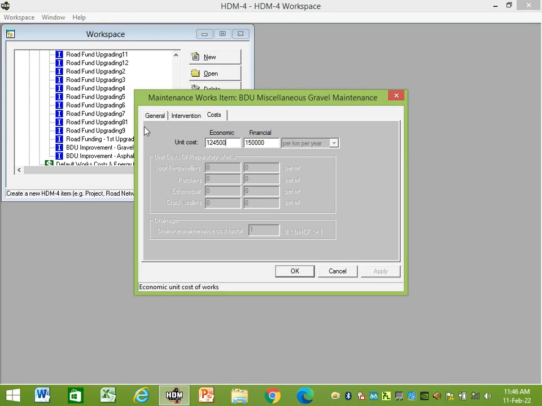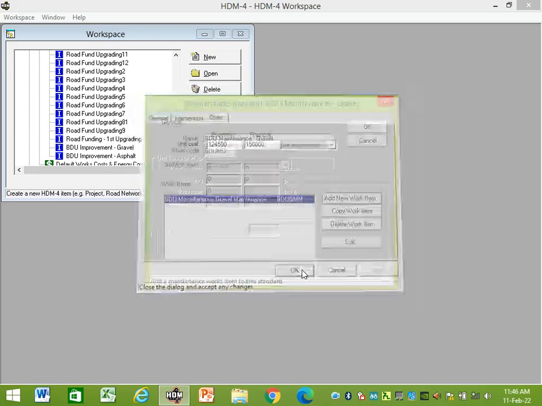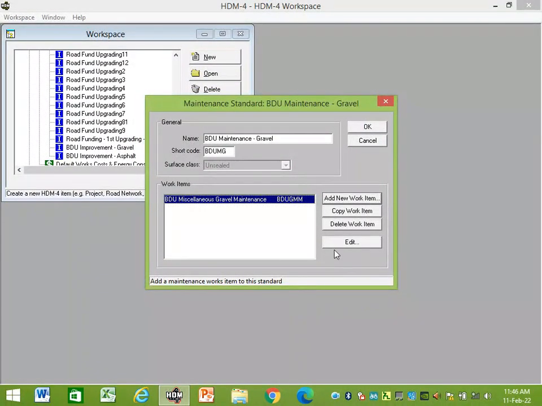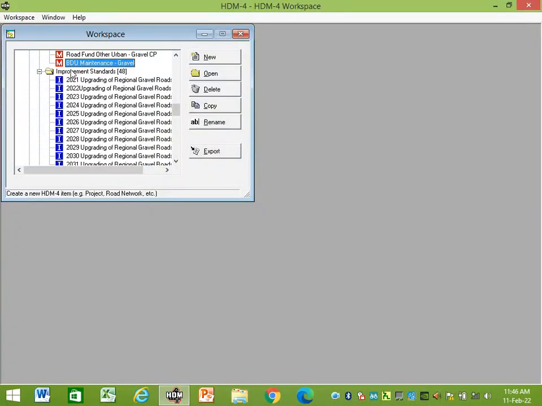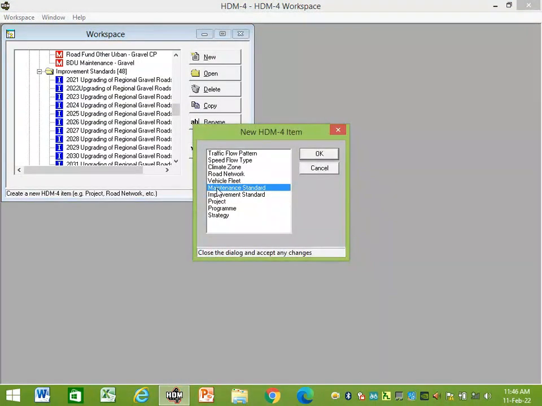Okay? Cost. It's okay. Everything is okay. So it is included. BDU, maintenance, gravel. Now asphalt is remaining.